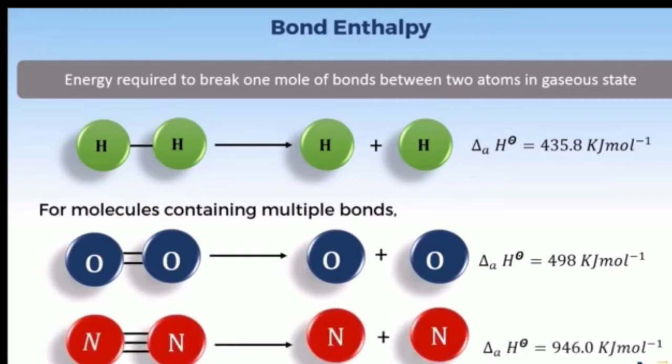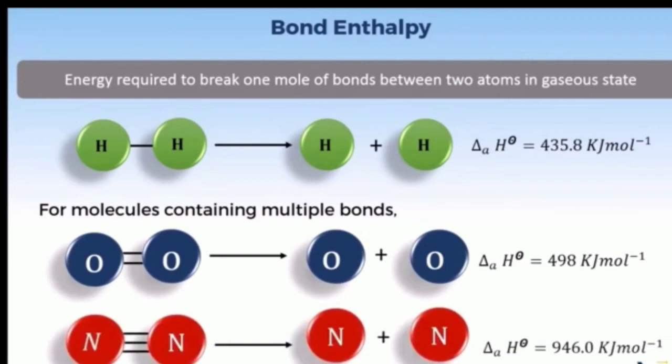From this, we can identify that as the number of bonds between atoms increases, the bond enthalpy also increases. That is, in hydrogen molecule, H-H single bond is present, so the bond enthalpy is 435.8 kilojoule per mole. In oxygen molecule, an oxygen double bond is present, so the bond enthalpy is high compared to that of hydrogen molecule, that is 498 kilojoule per mole.